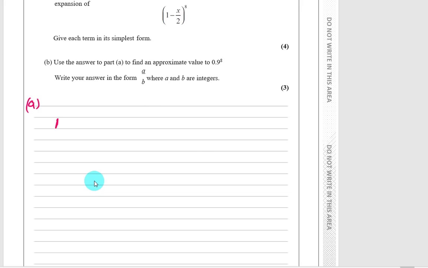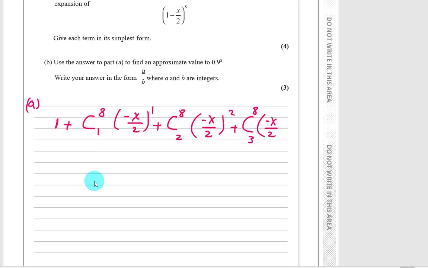1, this is the first term, plus C8 1 times minus x divided by 2 power 1, plus C8 2 times minus x divided by 2 power 2, plus C8 3 times minus x divided by 2 power 3.